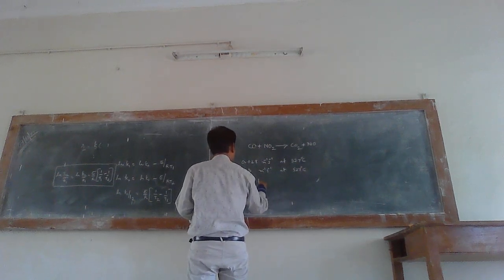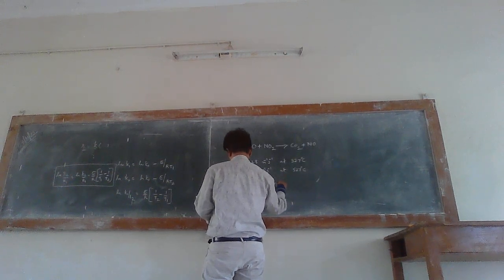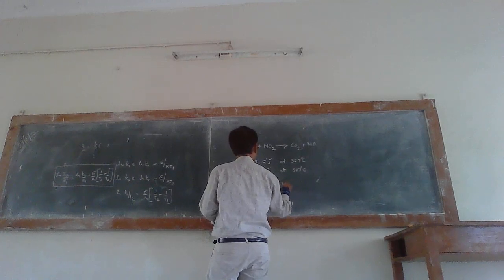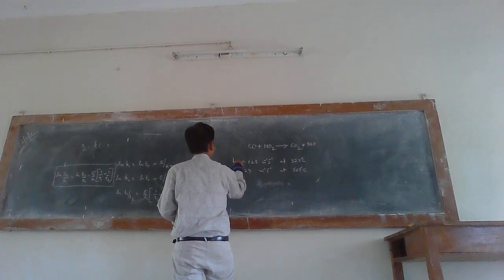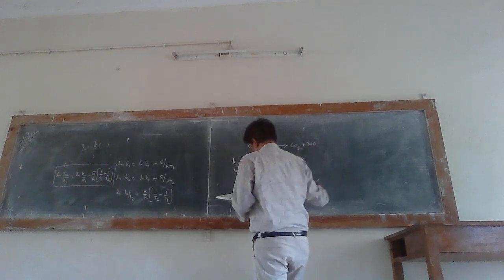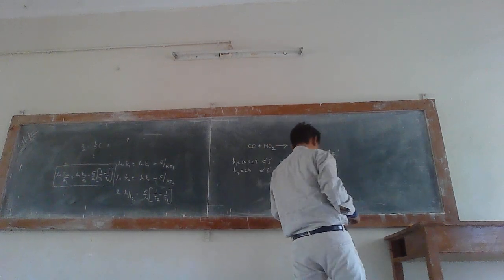Given the rate constant value K1 is equal to 0.028. Here K1 is given, K2 is given at two temperatures. Now he is asking for the activation energy, which needs to be calculated. Very simple.